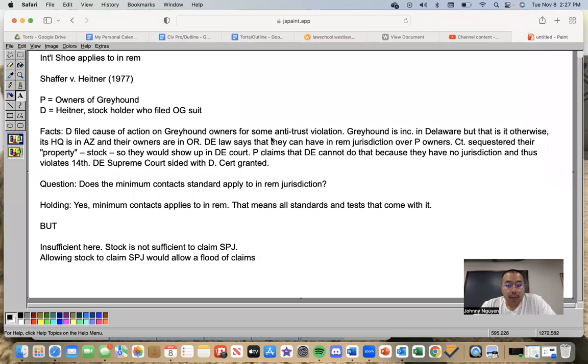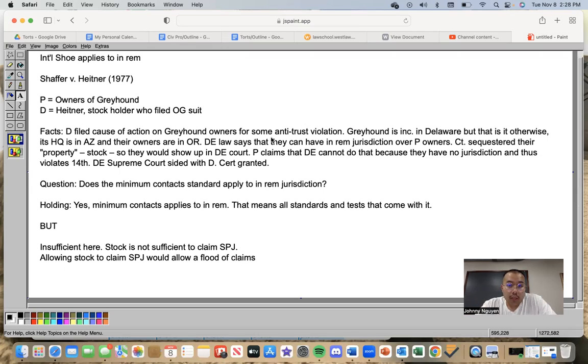Now, Greyhound is incorporated in Delaware, and Heitner is in Delaware as well. He filed suit in Delaware. But that's it, because otherwise the headquarters is in Arizona, and the owners of Greyhound are domiciled, I believe, in Oregon.